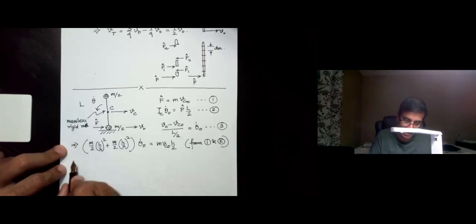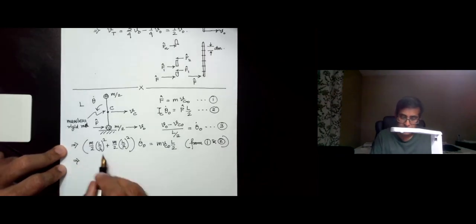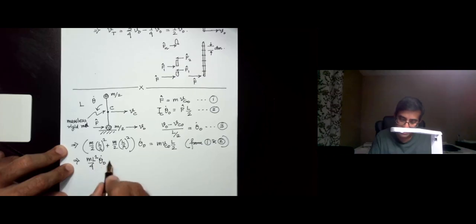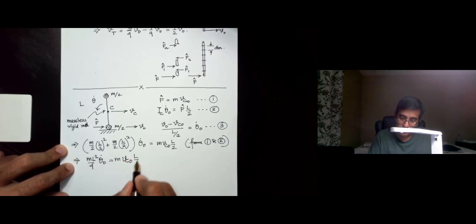Now you see that this expression becomes m times (L over 2) whole squared when you add these two terms up. So it's going to be m L squared divided by 4 times theta dot naught, equal to m Vc naught L over 2.